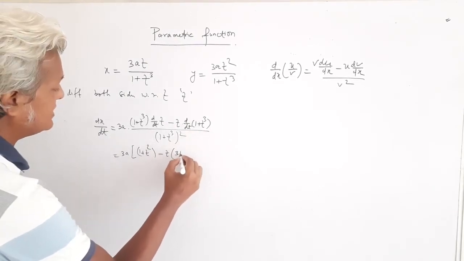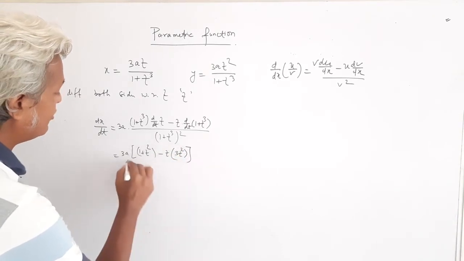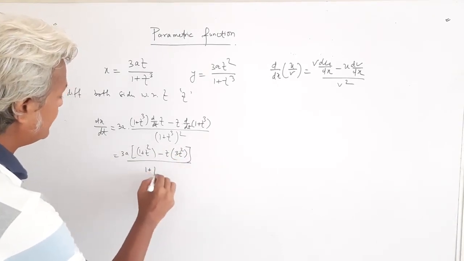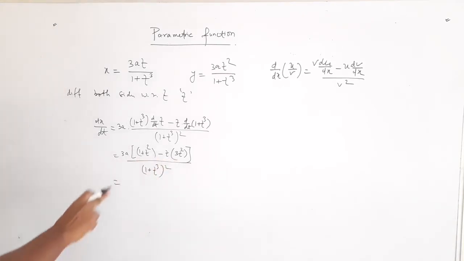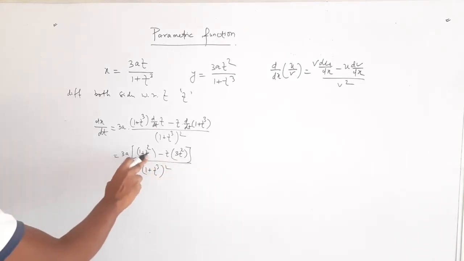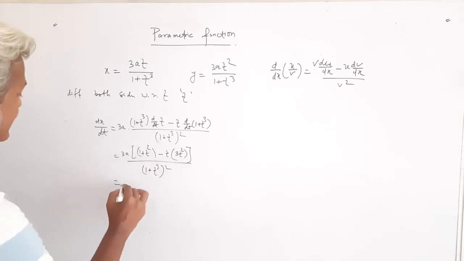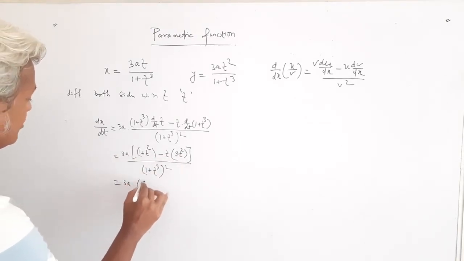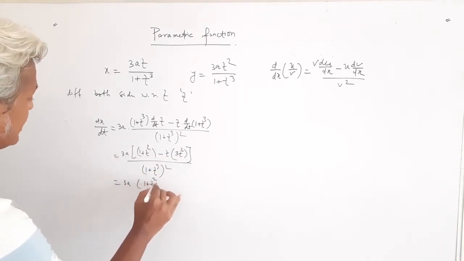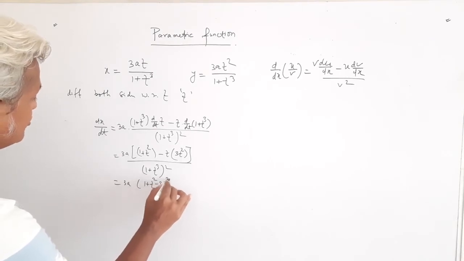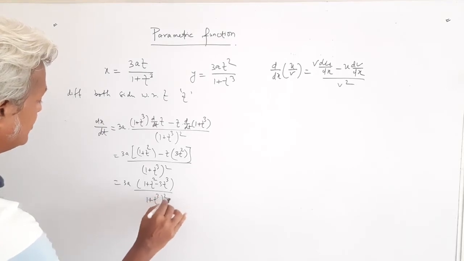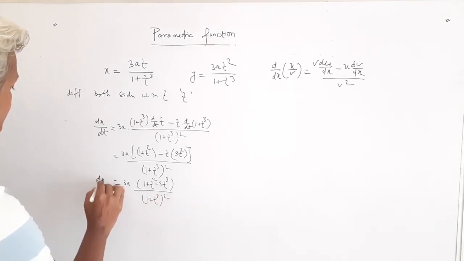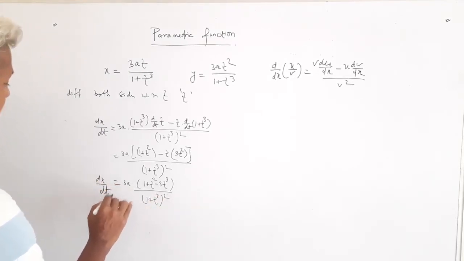So 0 plus 3t square will be just 3t square over 1 plus t cube whole square. Now if you see, there are no like terms, it's 1 plus t cube minus 3t cube, so it will be 3a, 1 plus t cube minus 3t cube over 1 plus t cube whole square. This is my dx by dt.